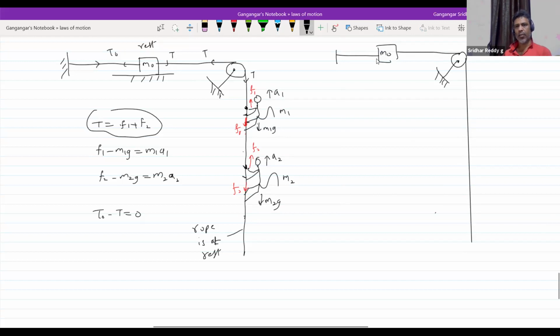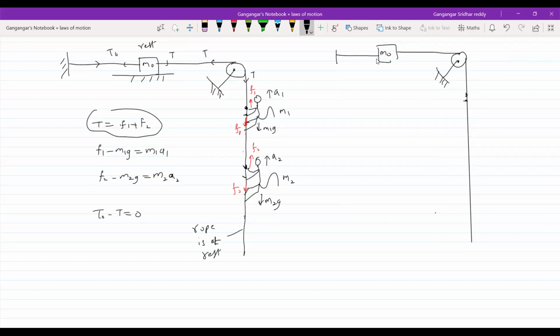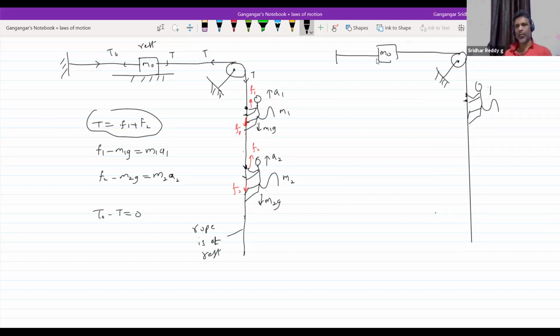Now what I'll put is one of the monkeys will climb up the rope. The other monkey, what will it do? Climb down.